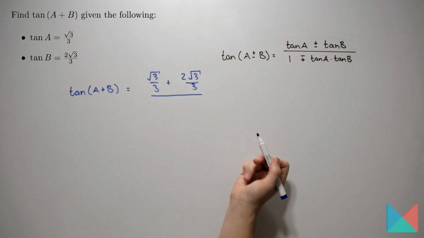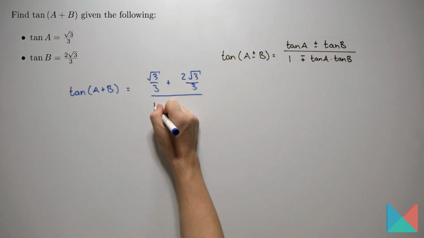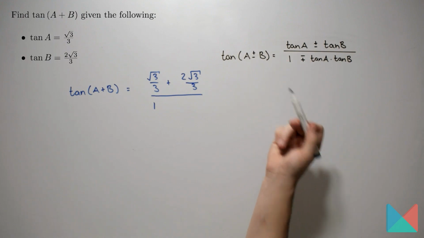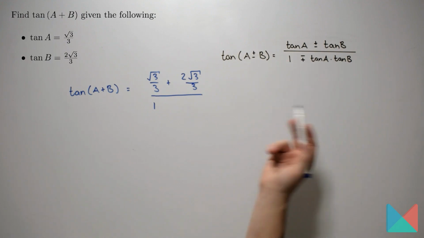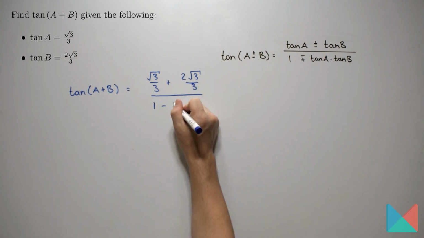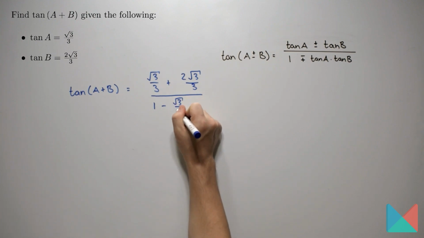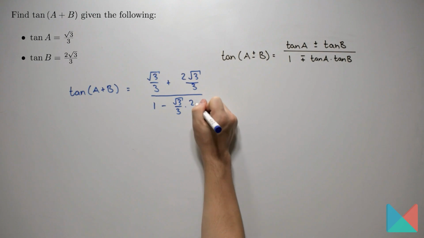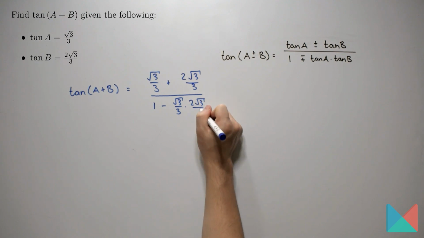And we're dividing by 1, and we're using the top operator again because we're using the sum identity, 1 take tan of A times tan of B. Now tan of A is given as root 3 over 3, and tan of B is 2 root 3 over 3.